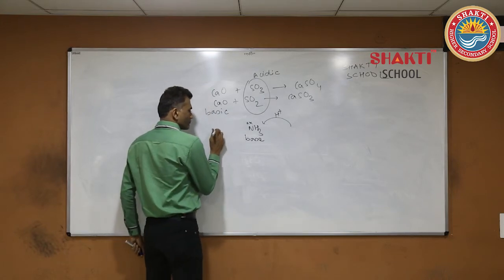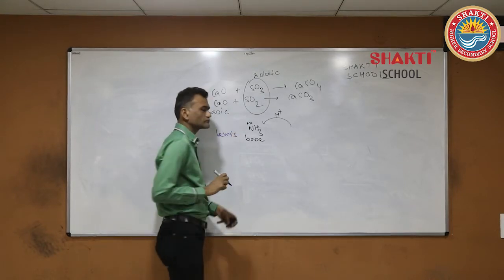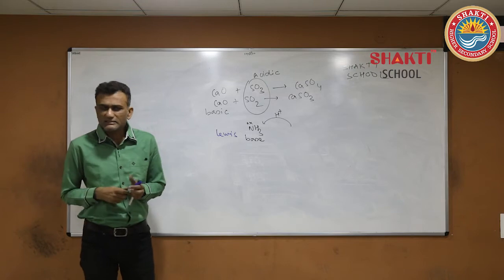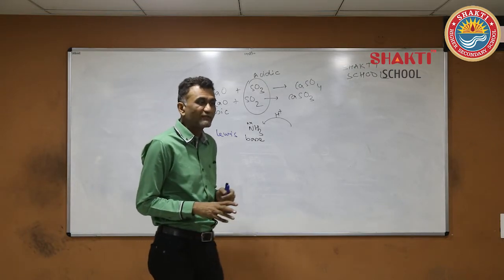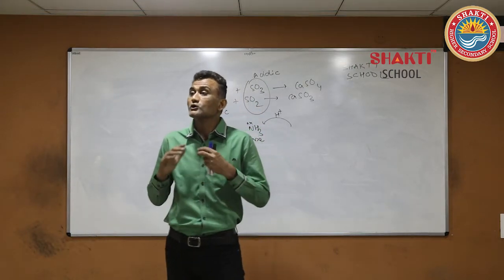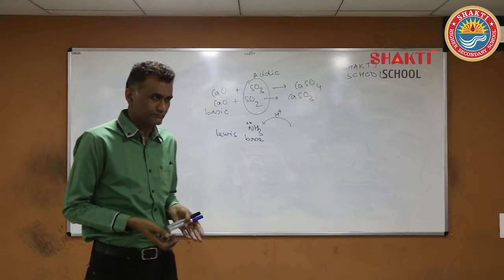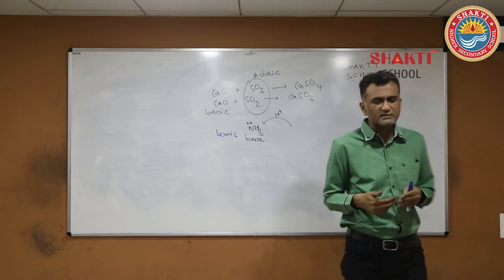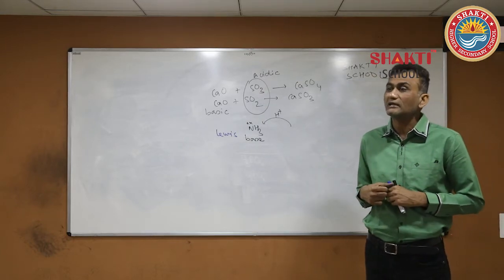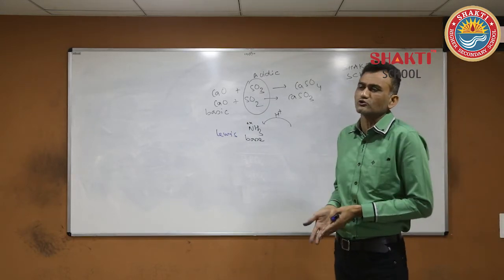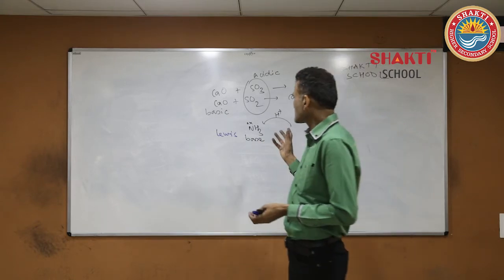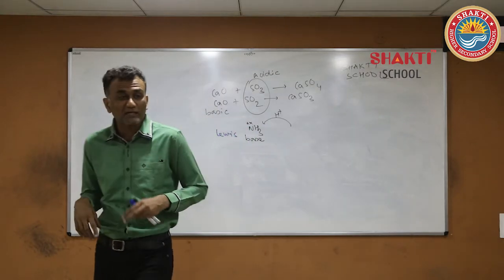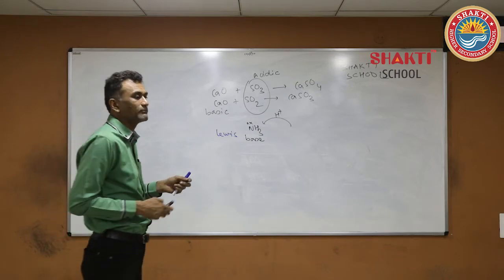So a Lewis base is any substance that can donate an electron pair. When ammonia accepts a proton, it donates its electron pair to form a coordinate bond.